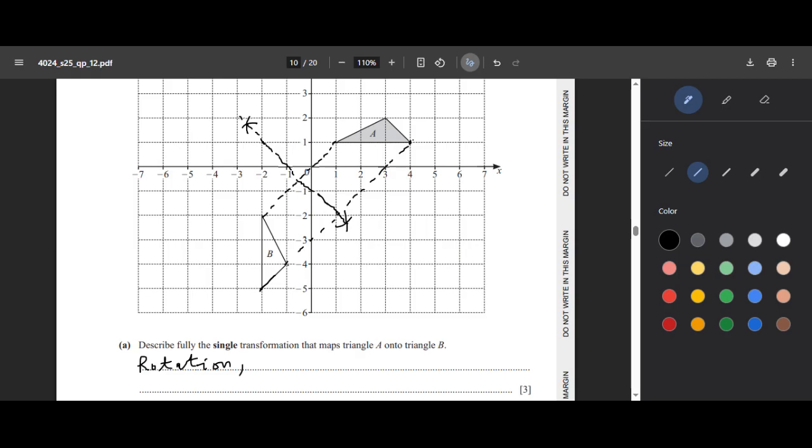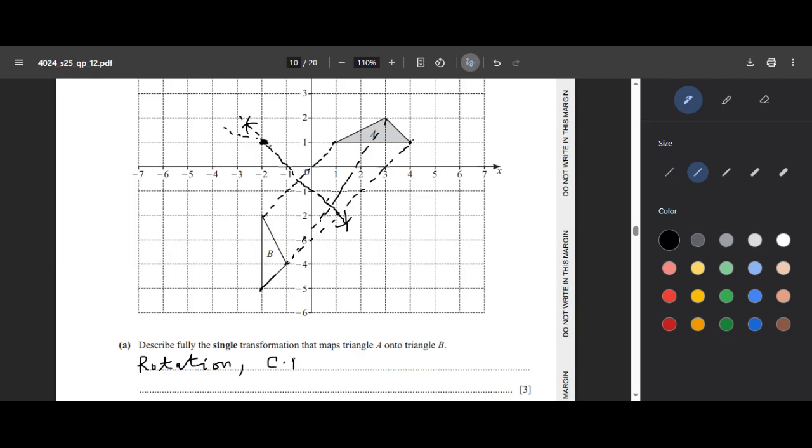But if you join these two corresponding points, they will have a different line. That line will join again at this point. The perpendicular bisector line will join here. So the center is -2, 1.